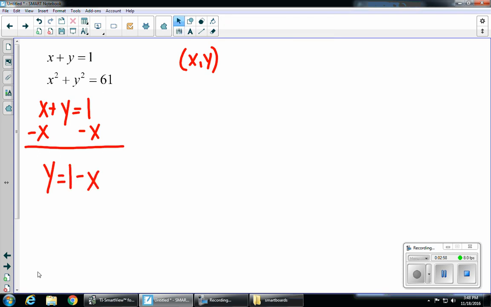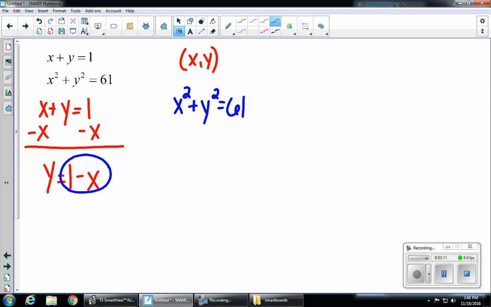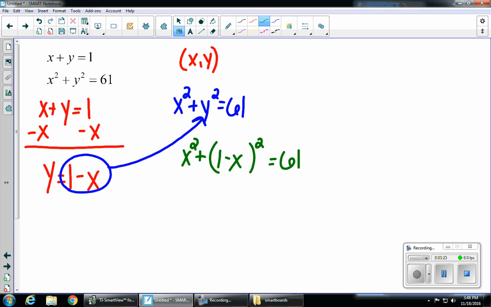Now I'm going to substitute that into my circle. So x squared plus y squared equals 61. I'm going to take this 1 minus x and plug it in for y. So I'm going to get x squared plus, instead of y squared, it's (1 minus x) squared equals 61.